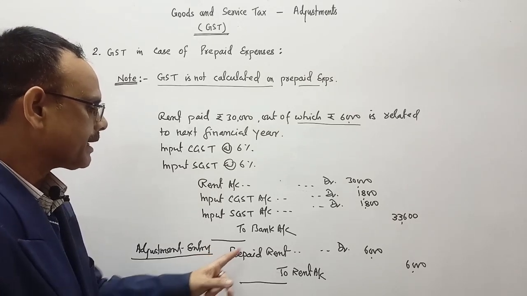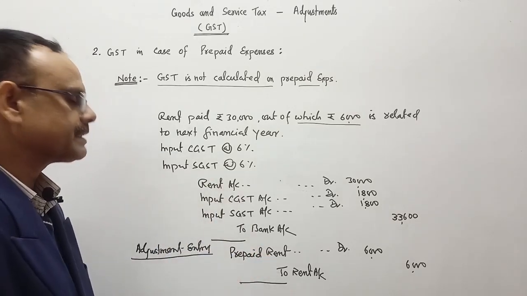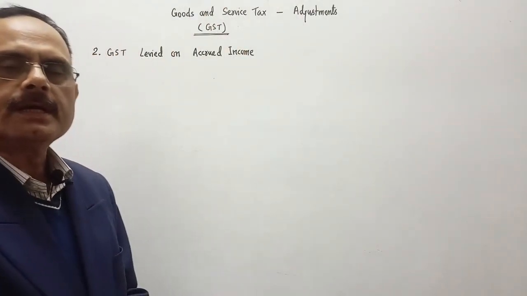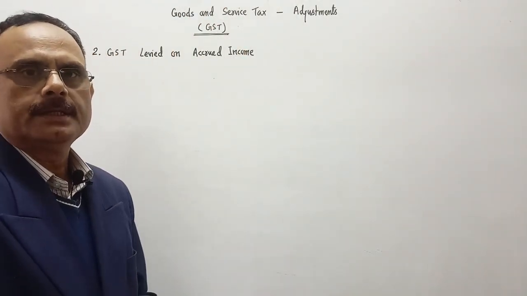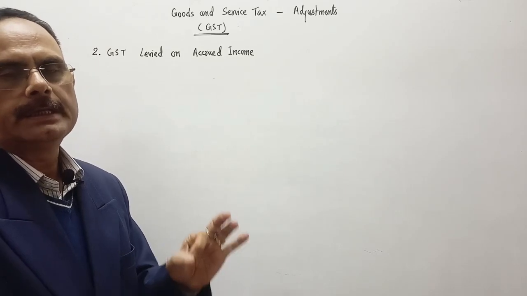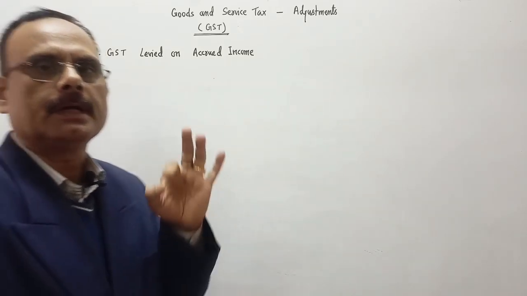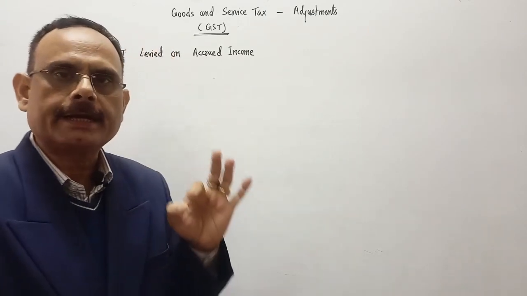So prepaid rent account debit to rent account, that is 6,000. Is it clear?